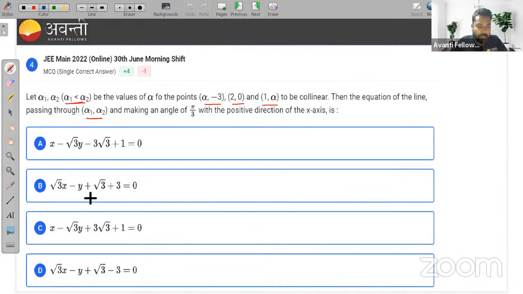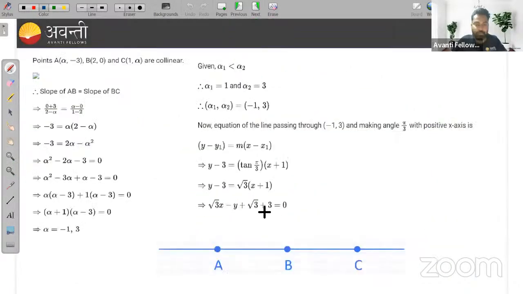Root 3x minus y plus root 3 plus 3. Just wait. Is it correct? Where did the mistake happen? Root 3x minus y plus root 3 plus 3. Let's check the answer. It is correct. That's okay. This is the answer. Clear?